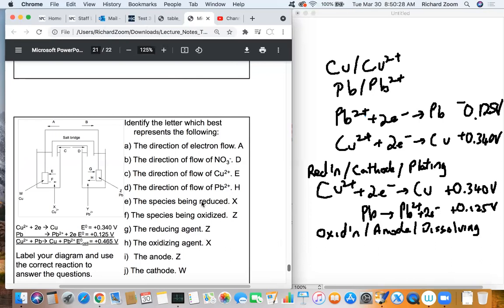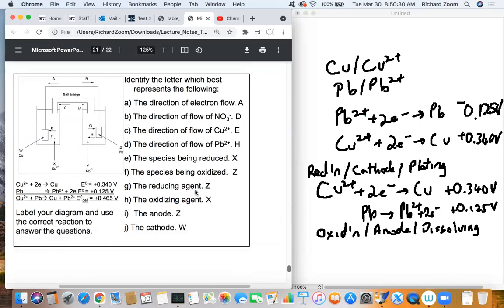All right. These two here, reducing agent and oxidizing agent, they're the hardest ones to understand, I think. So when I use the term agent, the word agent itself means cause of, something that causes that. So the species being reduced is Cu2 plus, but it's not the reducing agent.